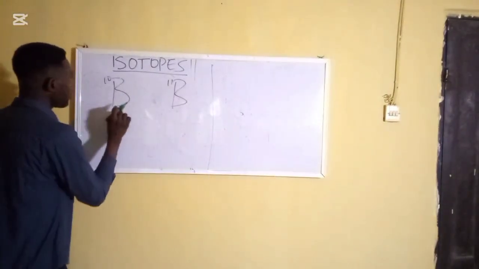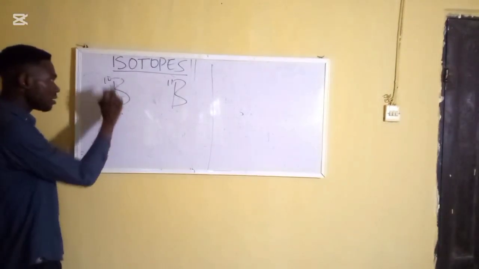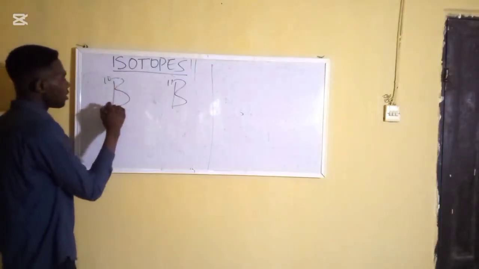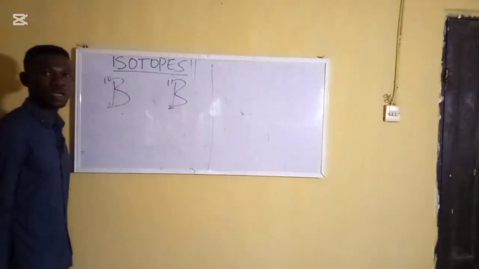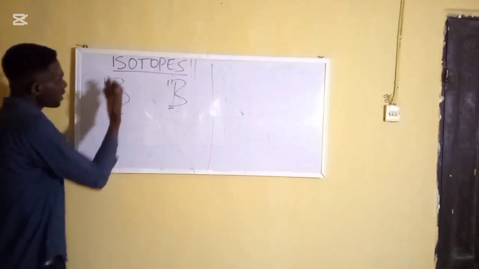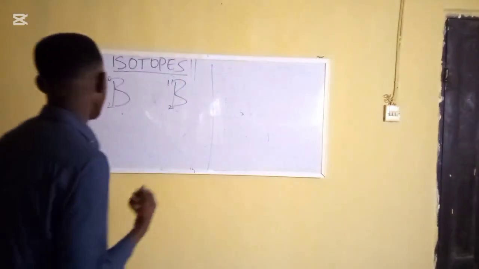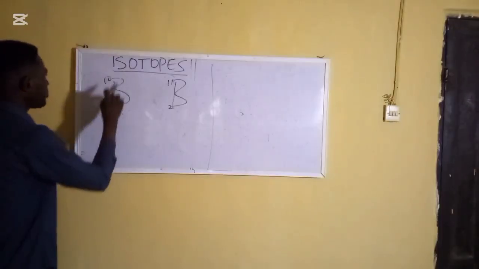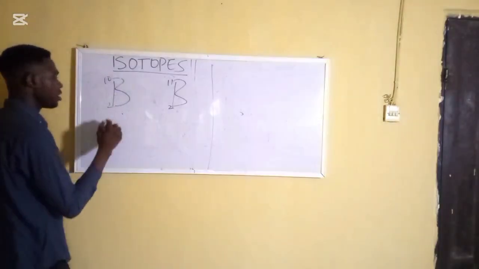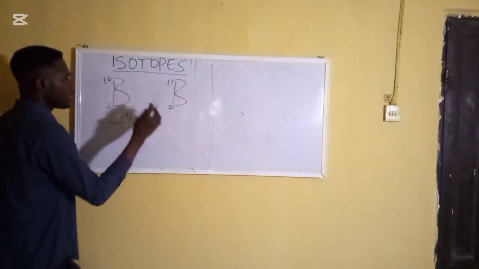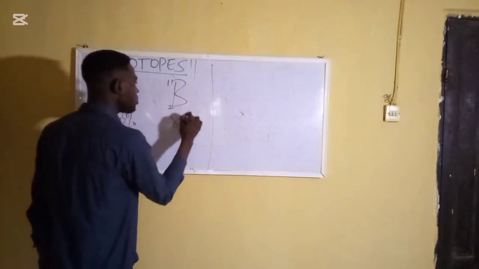If the occurrence of isotope B, let's give their atomic numbers to be 2, and you are told to carry out a calculation on their relative atomic mass. The percentage occurrence of this particular one here is 20%, and the percentage occurrence here is 80%.